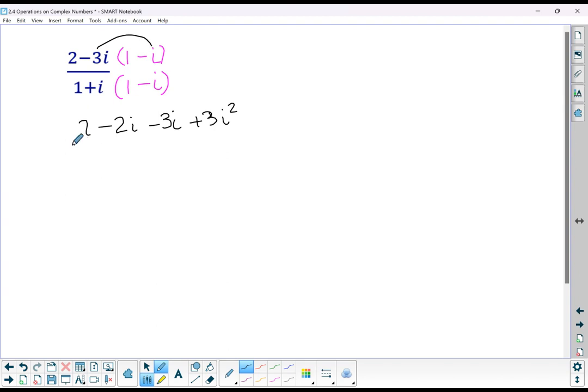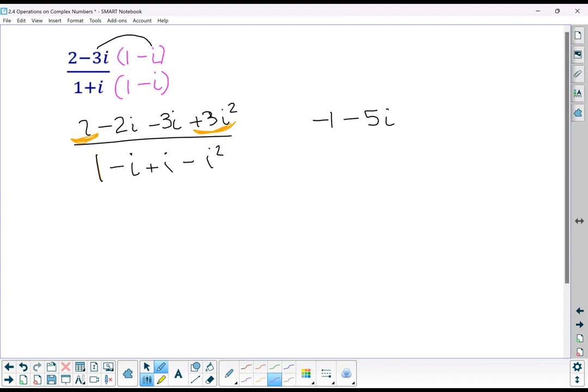So that's our numerator. If we simplify that numerator, our real part is -1 and our imaginary part is -5i. The -1 is the combination of the 2 and the -3. A positive 3i squared is the same as a -3. In the denominator, we have a 1, we have a -i, we have a positive i, and we have a -i squared.